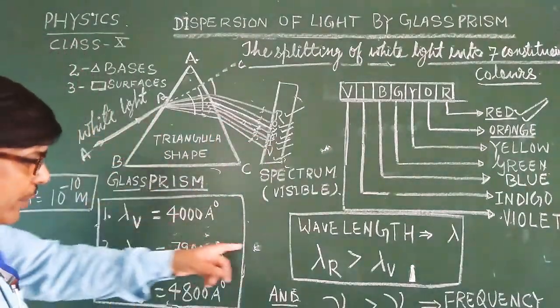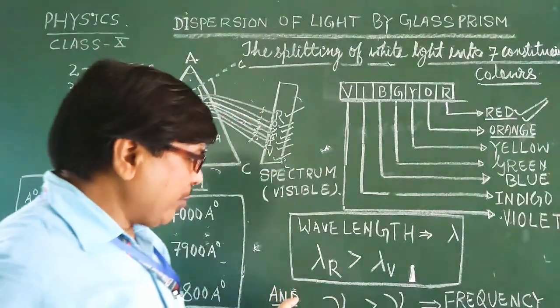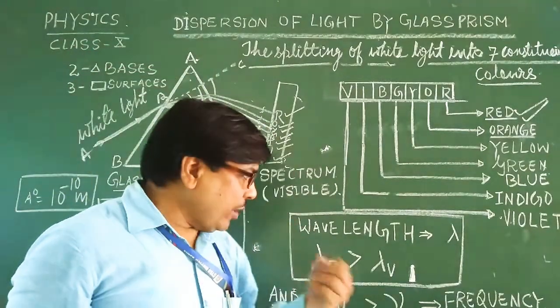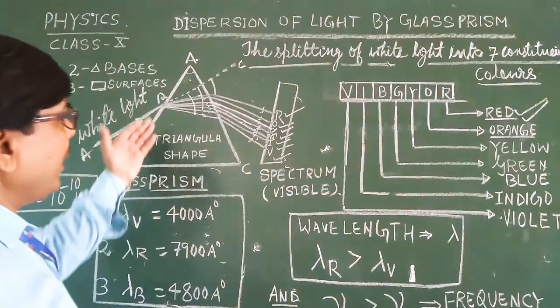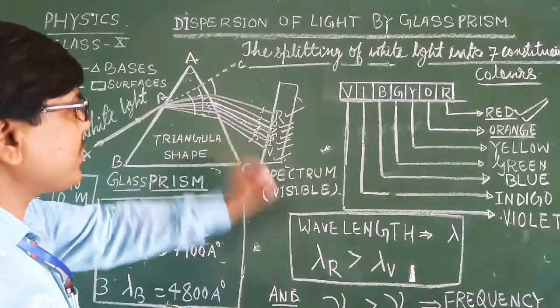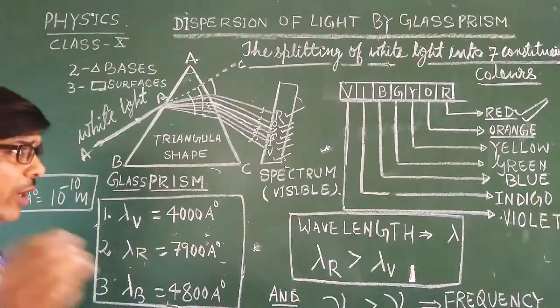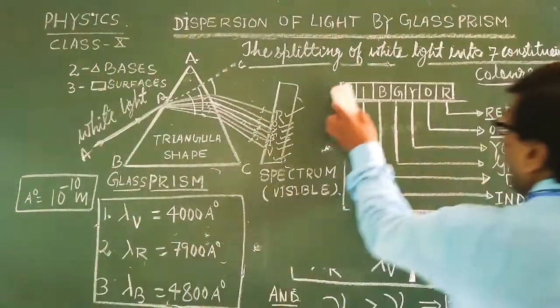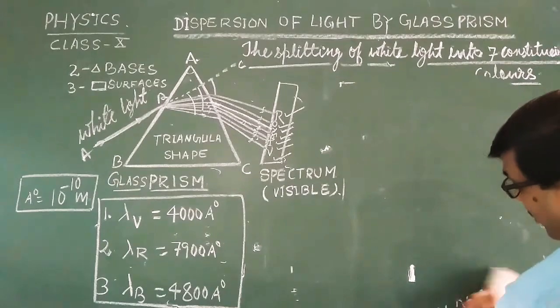That's why the wavelength of the red color becomes maximum, and that's why it shows less deviation. And one more thing also, the red color scatters less.